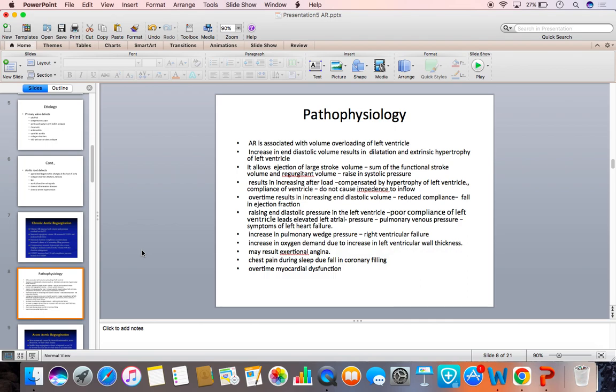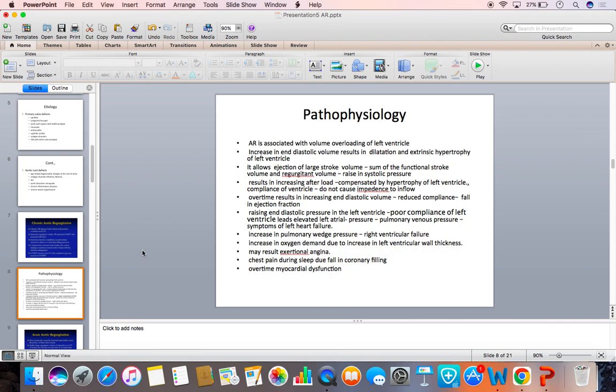So this results in the rising end diastolic pressure in the left ventricle that is transmitted to the left atrium, thereby causing pulmonary venous congestion, pulmonary edema, and symptoms of left heart failure. Okay, that results in the increase in the pulmonary wedge pressure and right ventricular failure.